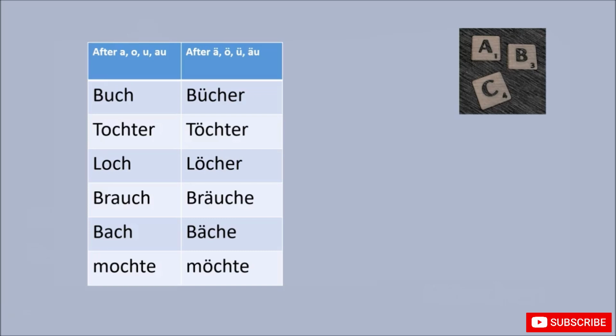Well, you wouldn't just say Tochter or Töchter. You might say, ich habe eine Tochter. And then the eine is giving away that it is just one daughter. Ich habe zwei Töchter. The zwei is giving it away. Whether you're saying ich mochte or ich möchte, most likely the context would already make clear what you said.